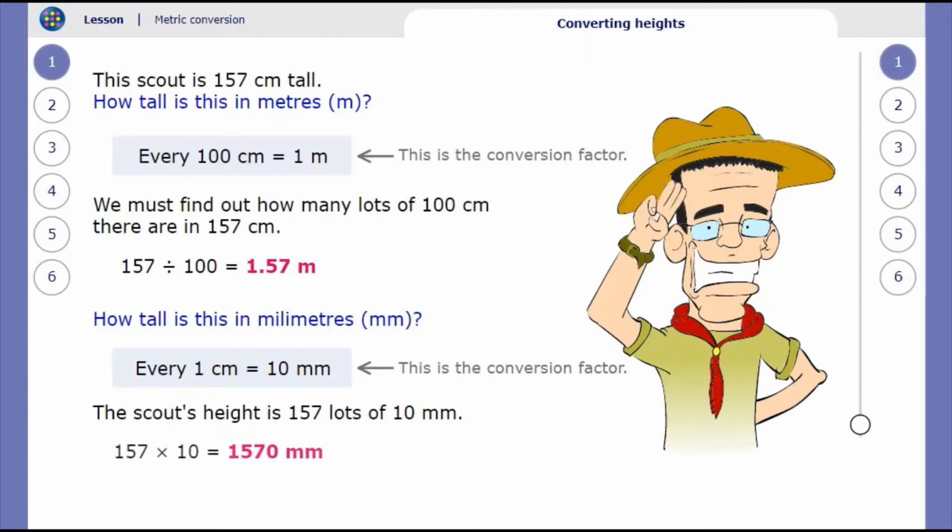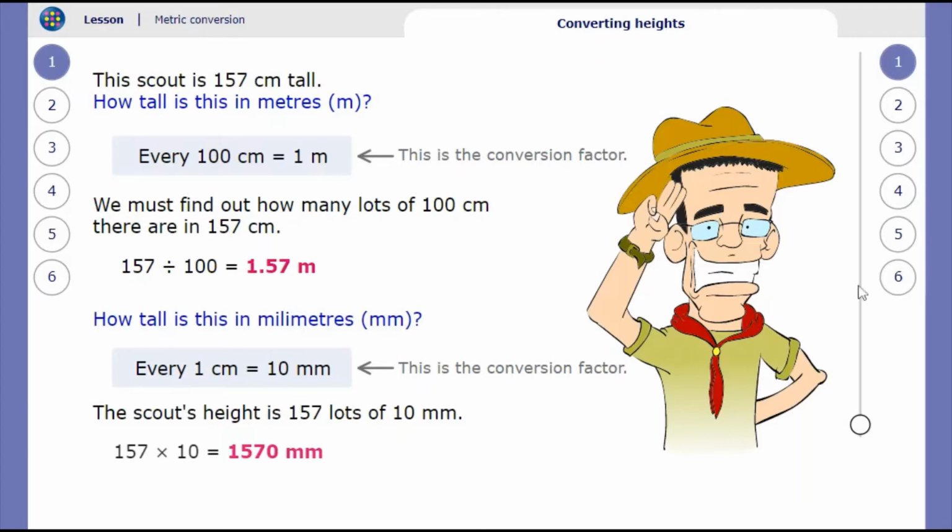So to find out how many metres, we had to divide by 100. Then the extra problem was actually working out how many millimetres he measures. And because there's more millimetres in a centimetre, we had to multiply it. With the metres, there are less metres than the number of centimetres, so we had to divide it.